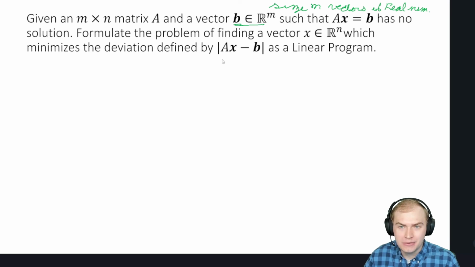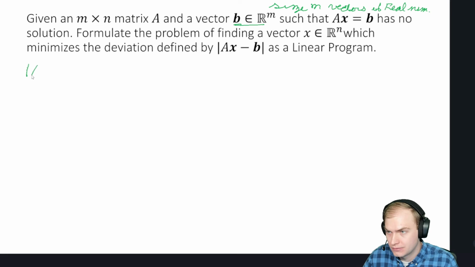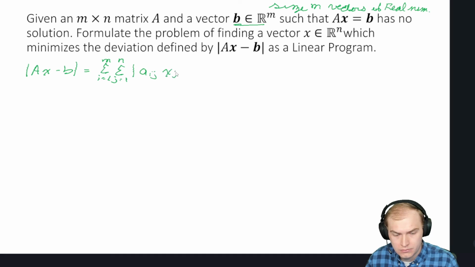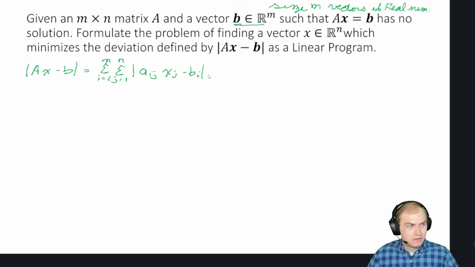Now, this is a bit of sloppy notation, but I want to use this absolute value component-wise. What that means is that expands out to that statement.